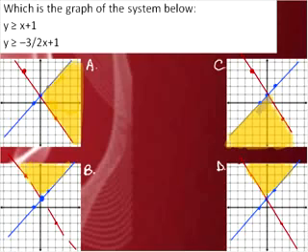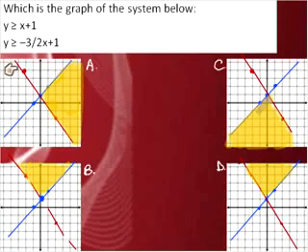So for y greater than or equal to x plus 1, is that the blue line or the red line? Actually I can pretty quickly tell by the fact that the slope of this line, y equal to x plus 1, is a positive slope. The slope for this one, -3/2, is a negative slope. If you remember, we talked very briefly about if a graph shoots up to the right, it has a positive slope.